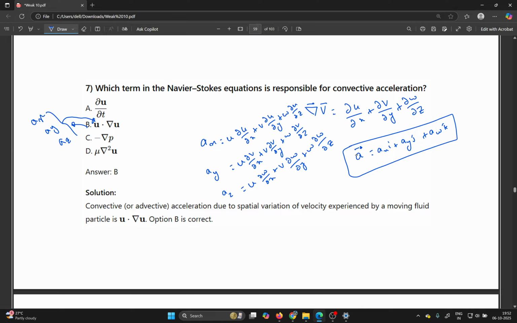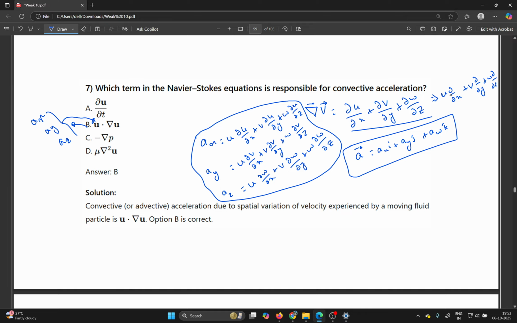So you are going to write all these three terms in a single term. How will you write? Just think on that. If you multiply with del dot V, you will get these things. But here you can write u del by del x, v del by del y, w del by del z very easily.